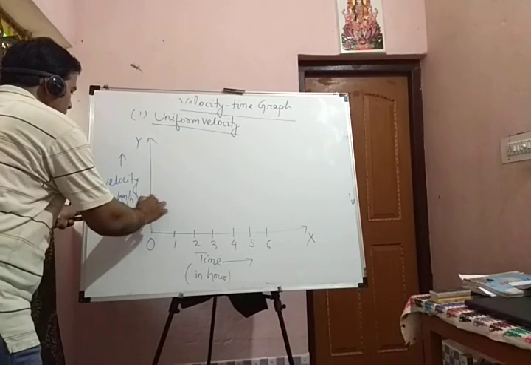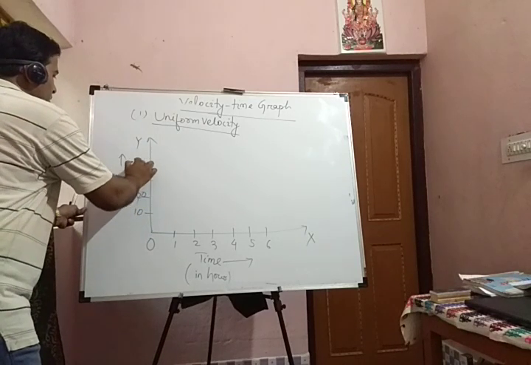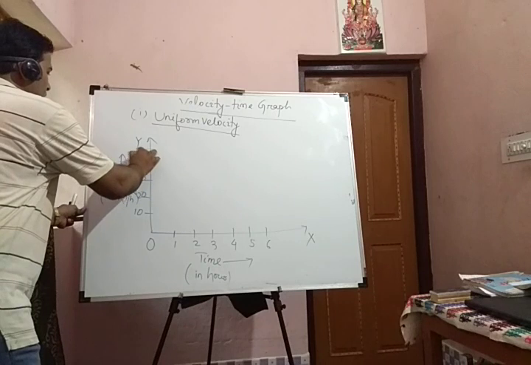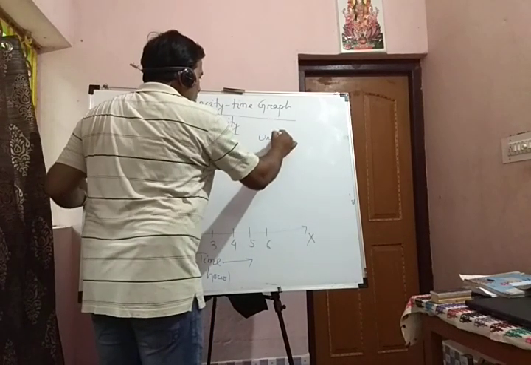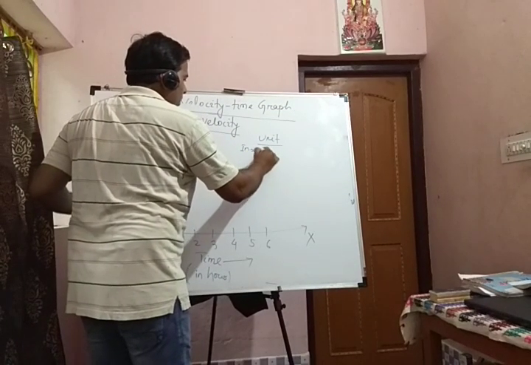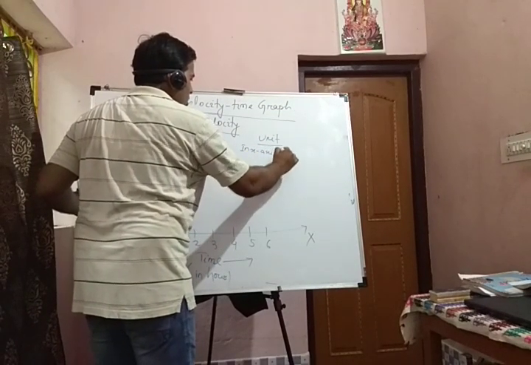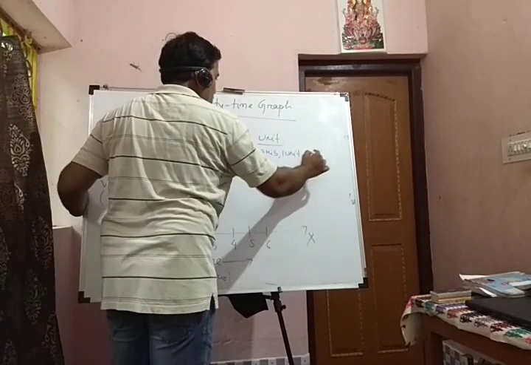Here 10, 20, 30, 40, 50. We have to write the unit. In x-axis, 1 unit is equal to 1 hour.